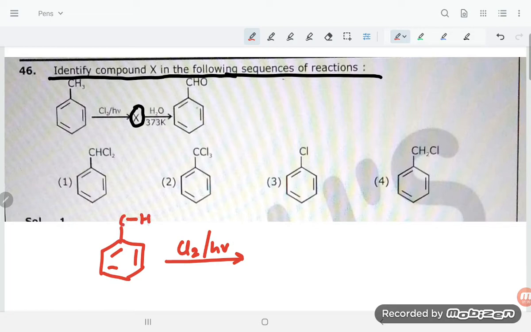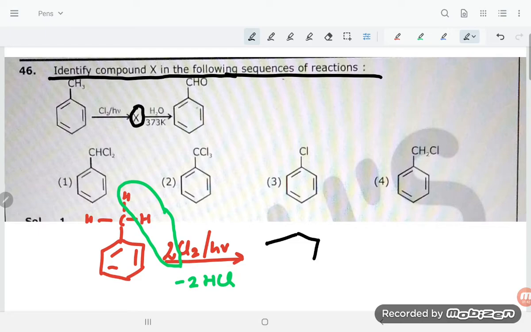Firstly, 2 moles of chlorine atoms are taken, so 2 chlorine atoms replace 2 hydrogen atoms. 2 HCl is getting out, and what is left in the center is CHCl2. This is the intermediate product.